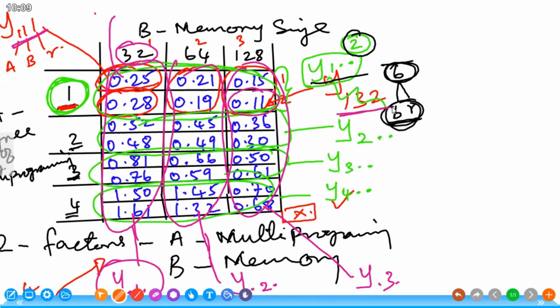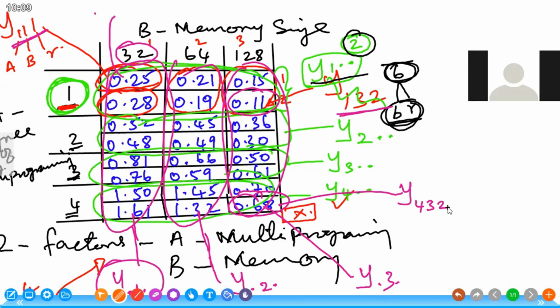Likewise, the last component here is given as y432. Am I right? Yashani, am I right? Yes, sir. You don't need to always say yes, because I may be wrong sometimes. You have to critically think and say, right.